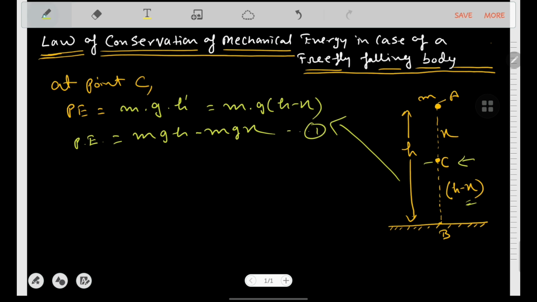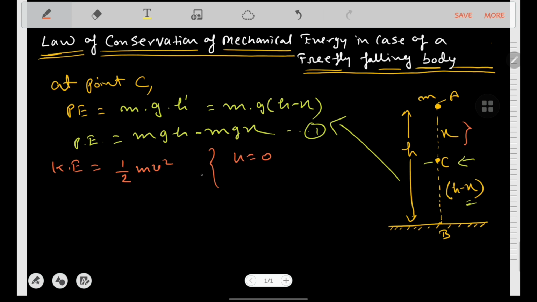Now the kinetic energy, we need to find out the kinetic energy at this point, and we know the formula is half mv square. Since the initial velocity was 0, that means u equal to 0 at point A, and during the free fall from point A to point C it has covered the distance x. So u equal to 0 here.